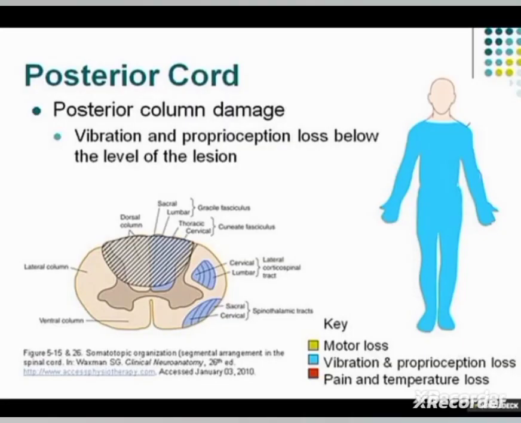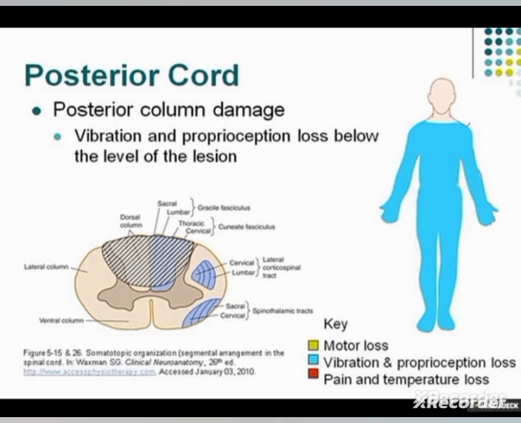Posterior cord syndrome results from compression or damage to the posterior spinal artery. It is a very rare condition. Generally, the dorsal columns are damaged, resulting in loss of proprioception. However, pain, temperature sensation, and motor function below the level of this lesion remain intact.